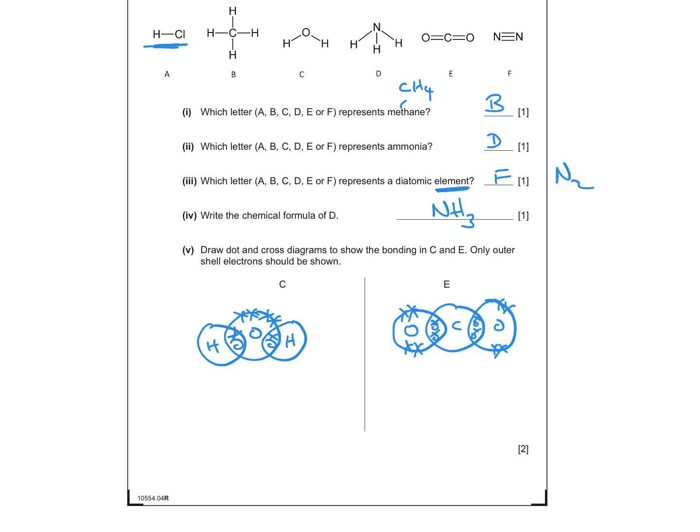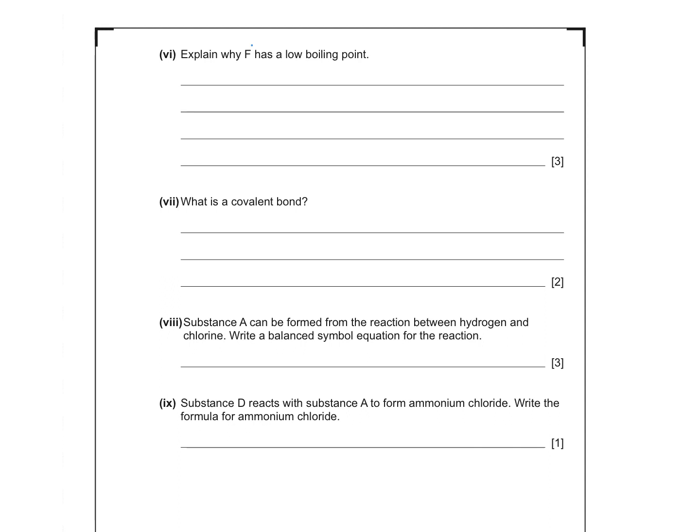Okay, next question. Now F was nitrogen, and it is a simple covalent molecule. So you should realize that all simple covalent molecules have low melting and boiling points for the same reason. So it doesn't matter in a sense that it's nitrogen.